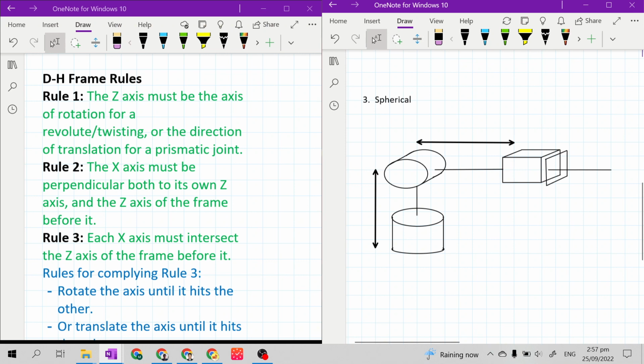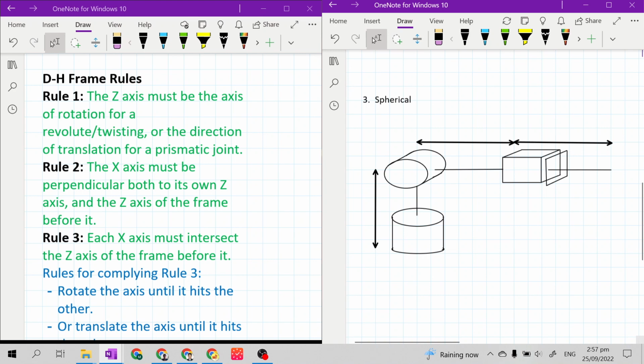Okay. Then from there, the next link indicator is from that connection up to the end effector.